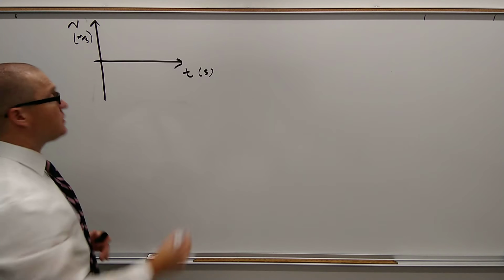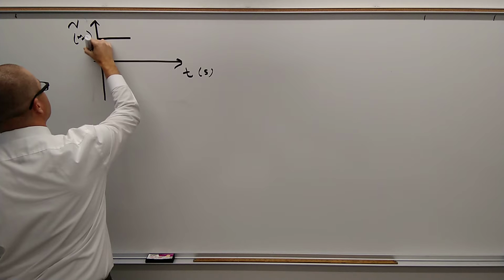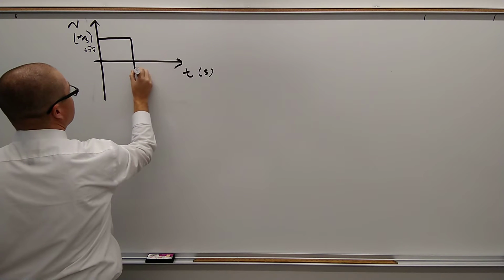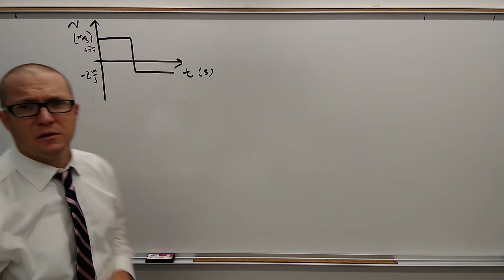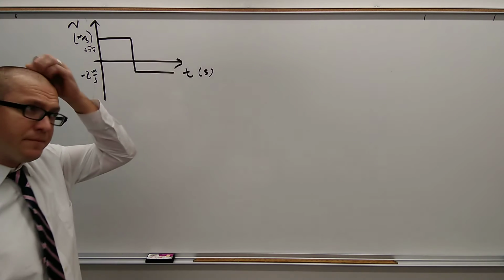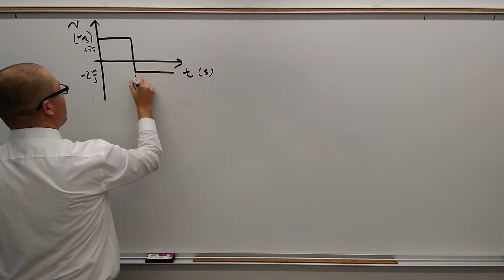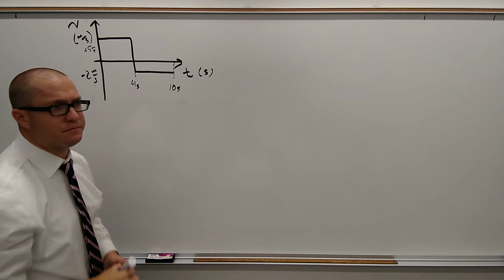Let's say it's a positive 5 meters per second, and then it goes down to negative 2 meters per second. Let's say it's a total of 4 seconds, and then this is 10 seconds.